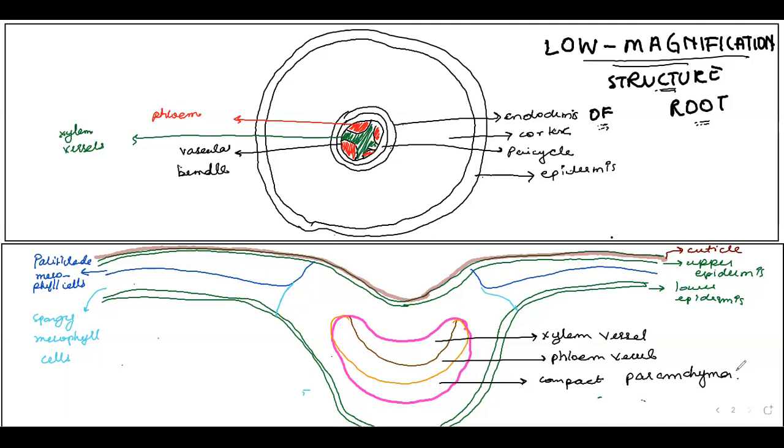So I have my parenchyma cells. These parenchyma cells undergo certain modifications. I'll teach you guys what those modifications are. But these parenchyma cells can go ahead and turn into a different type of cell. That new type of cell is going to be known as collenchyma.